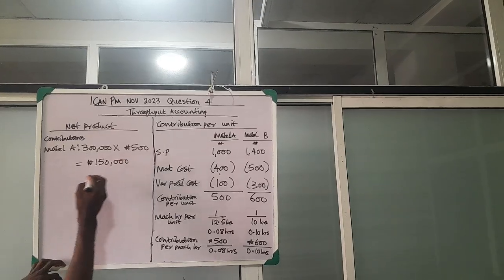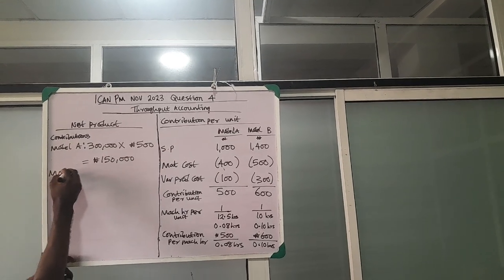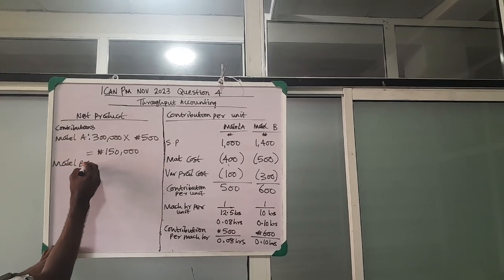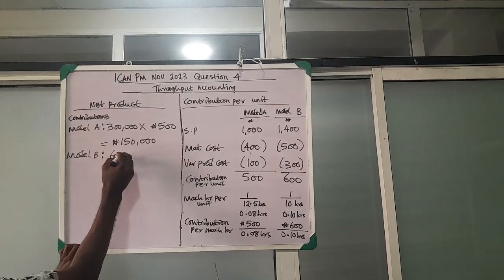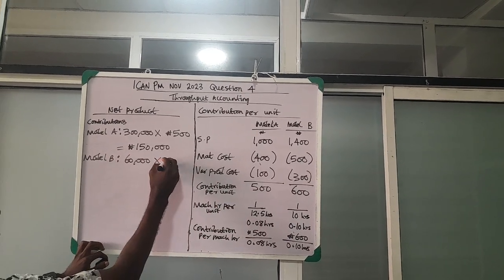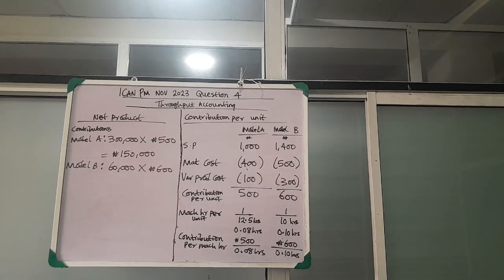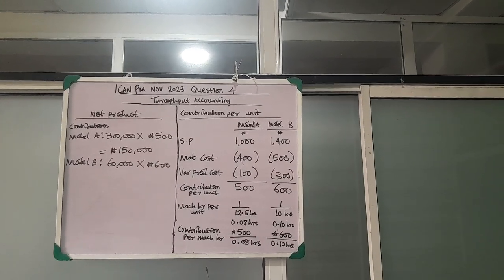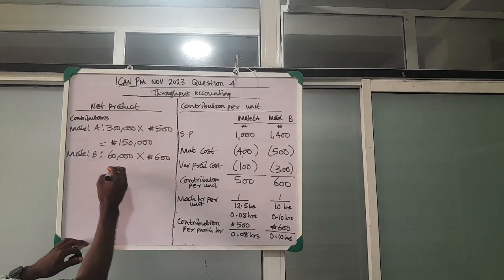For model B, we are producing 60,000 units. 60,000 units multiplied by 600, which is the contribution per unit, will give us 36,000.